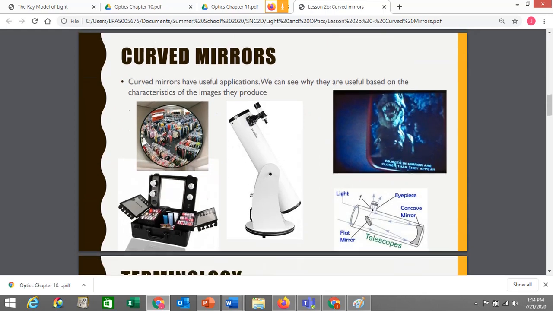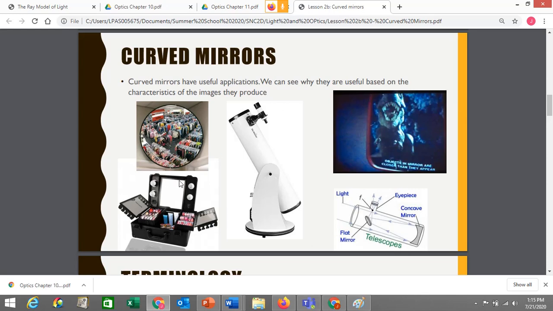Okay, so these have many applications. There are many reasons why you might want to have a curved mirror, and you'll be able to see why based on the characteristics of the images they produce, based on the SALT. Because sometimes you don't want to have just a life-size, real-looking image of something. There are reasons why you might want other images.